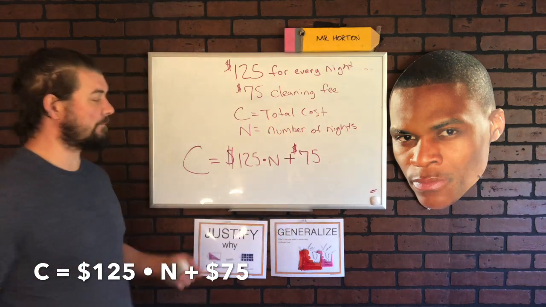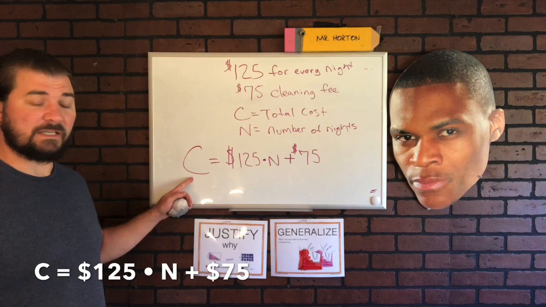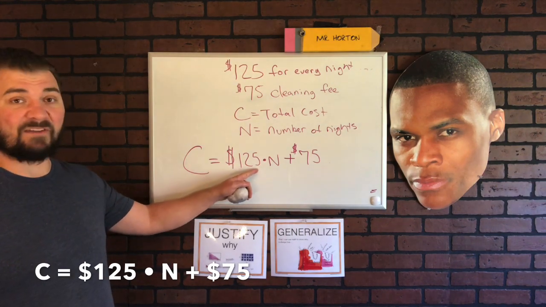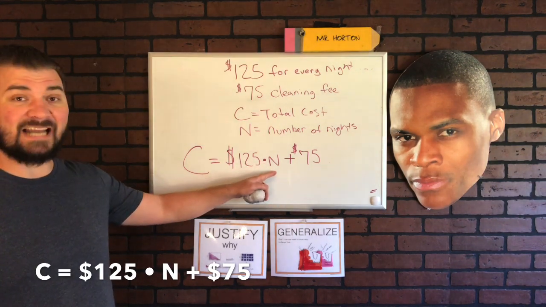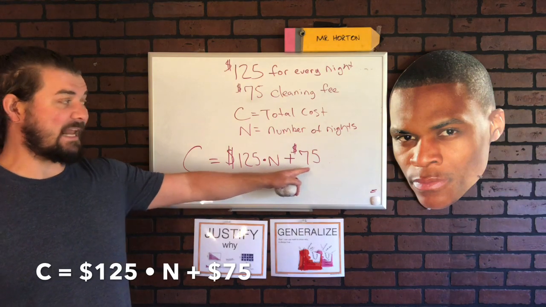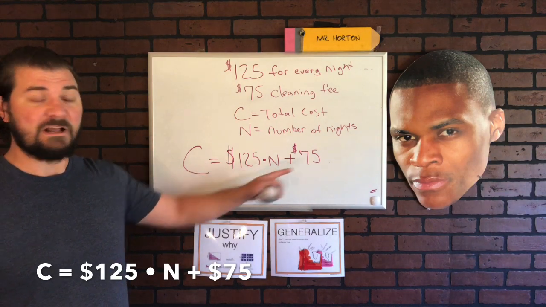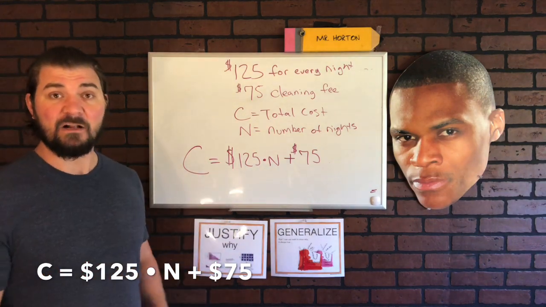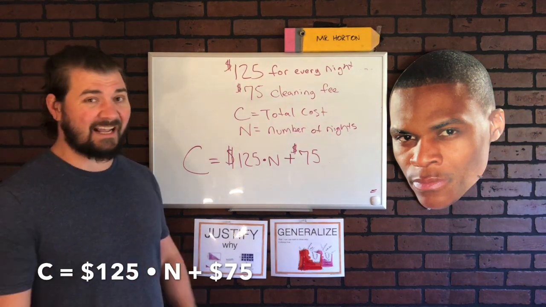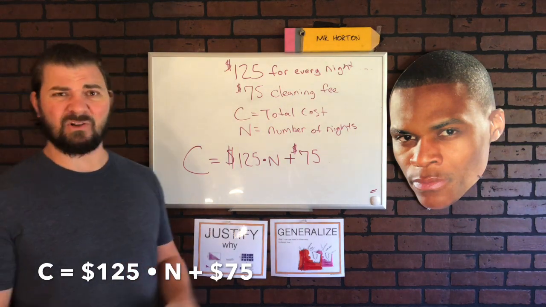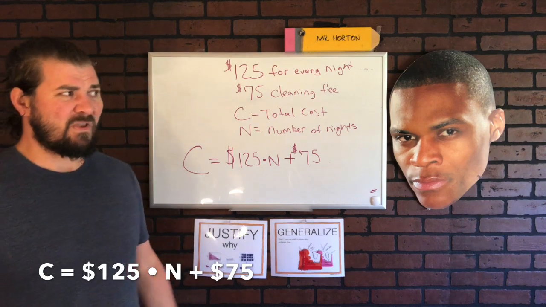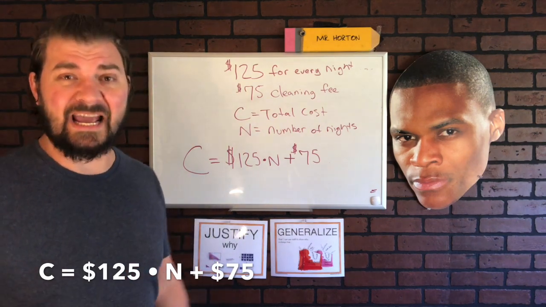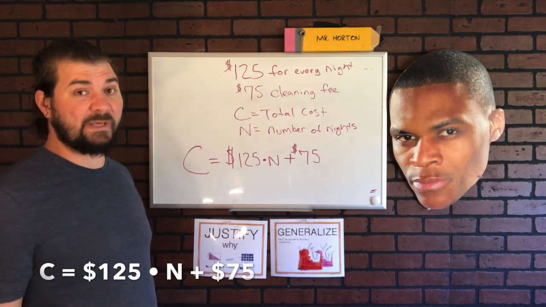I'm just going to add it at the end. So now I have my total cost is going to equal $125 times how many nights I'm going to stay, and then I'm going to add $75 to that. I don't need parentheses in here because of order of operations. I got my equation all set up. So let's test it. Let's say we're going to go for 3 nights. This sounds like a fun little weekend trip.